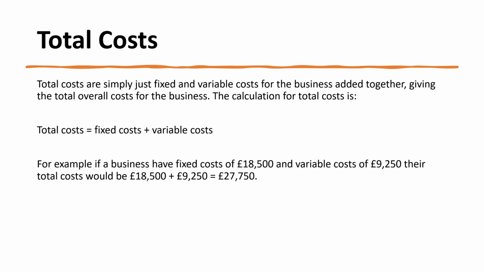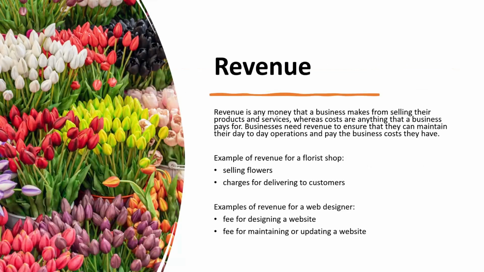For example, if a business has fixed costs of £18,500 and a variable cost of £9,250, their total cost would be 18,500 plus 9,250 equals total costs of £27,750.